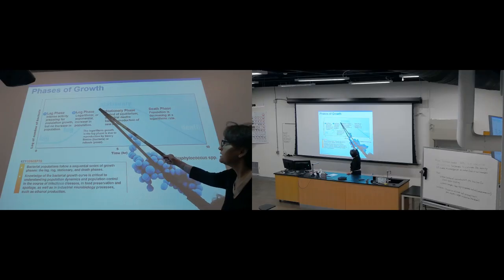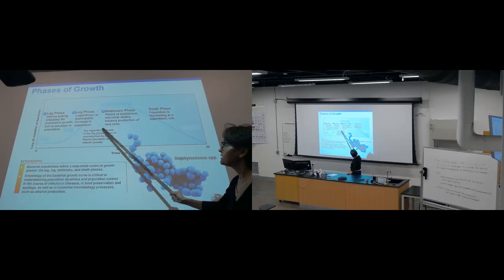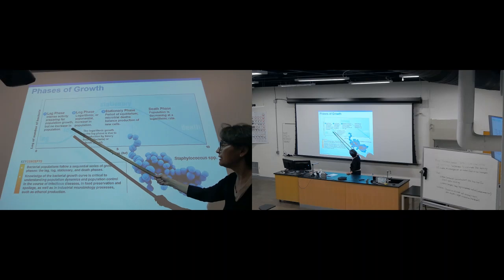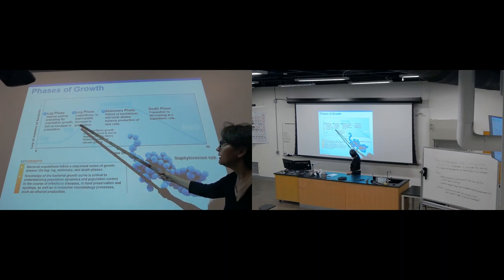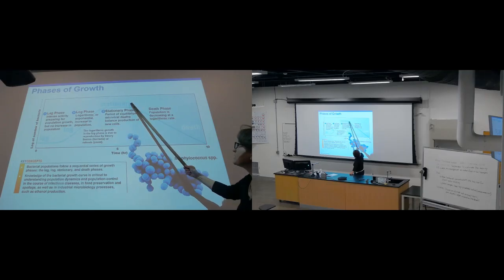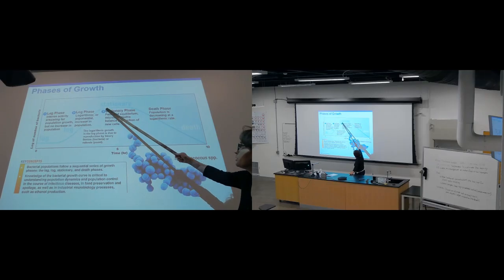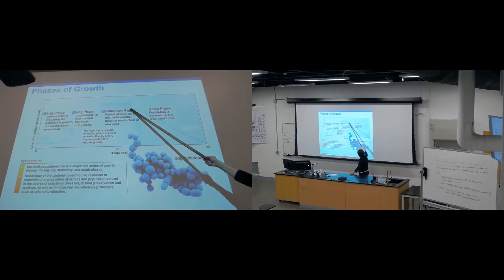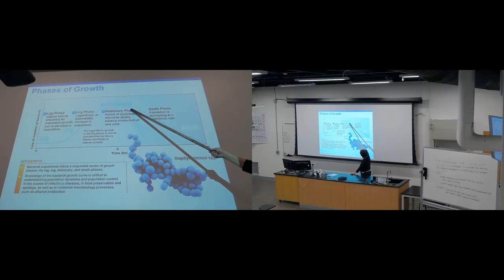So then, let's say this is 4 hours after you have added the bacteria into a new medium. So at 4 hours you reach the peak, and then between 4 hours and 6 hours, you have no more increase in the numbers. So this is the stationary phase. This is a phase in which you have the same number of deaths and the same number of growth of bacteria.